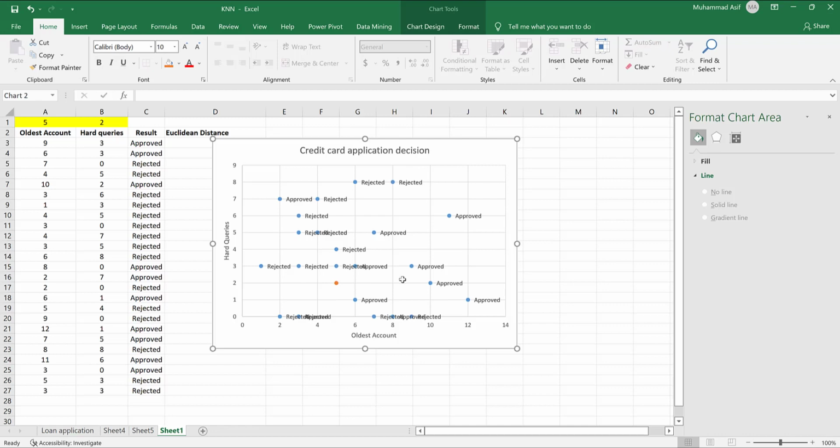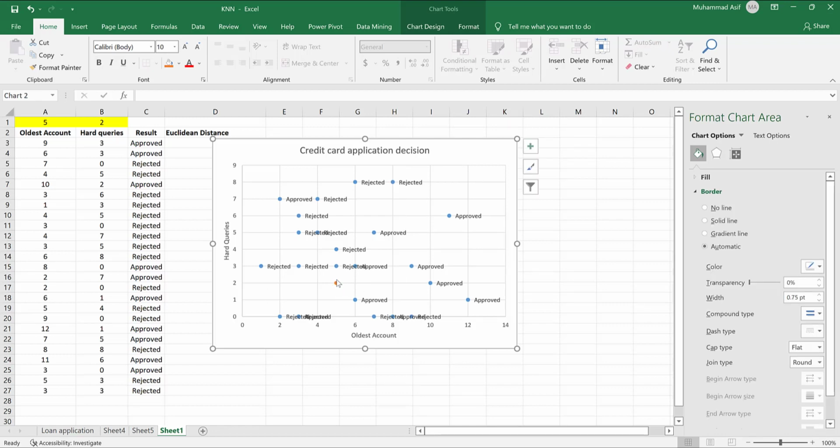So this is our new value, our query value, and it appears here. As you can see, this is 5 and 2: oldest account is 5 on this axis, and along hard query, the y axis, it is 2. So its dimensions are 5, 2.